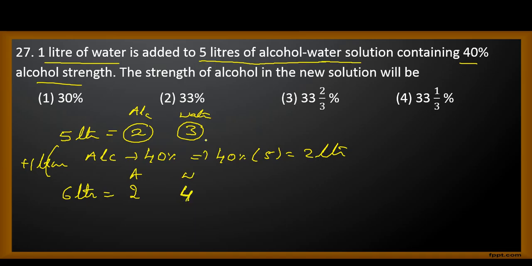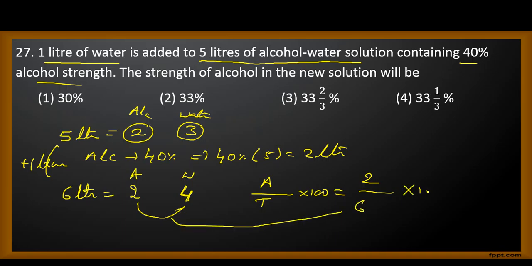Now what is being asked? The strength of alcohol in the new solution. Simple. Alcohol content by total content into 100. The alcohol content is 2 liters. The total content is nothing but the solution, 2 plus 4, 6 liters. So 2 by 6 into 100 equals 33 1 by 3%. So option 4 is the answer.